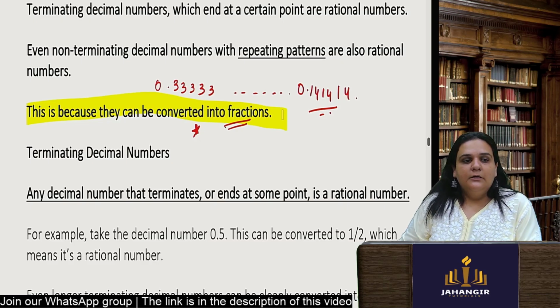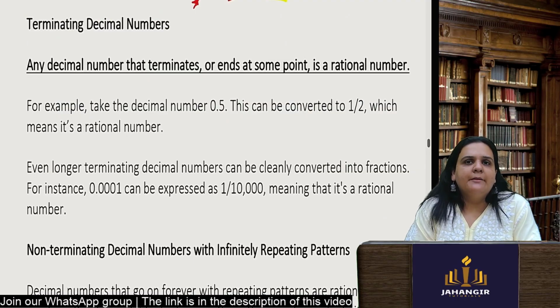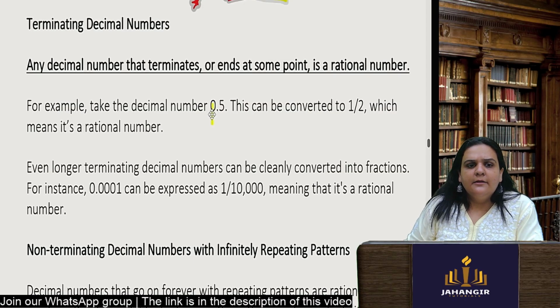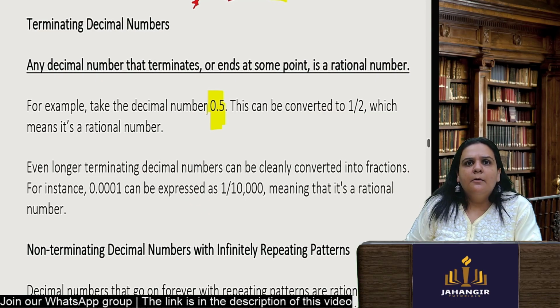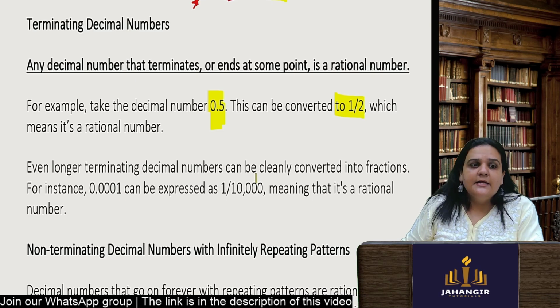Clear here? Okay. So terminating decimal numbers are those which can be terminated at a given point. So 0.5 is terminating, it is over, the number is over. 0.5 means half, 1 divided by 2. Even longer terminating decimal numbers can be easily converted into fractions.